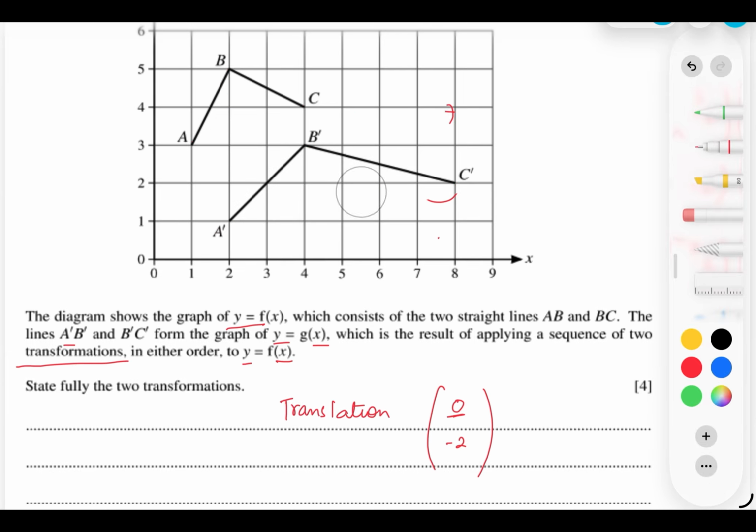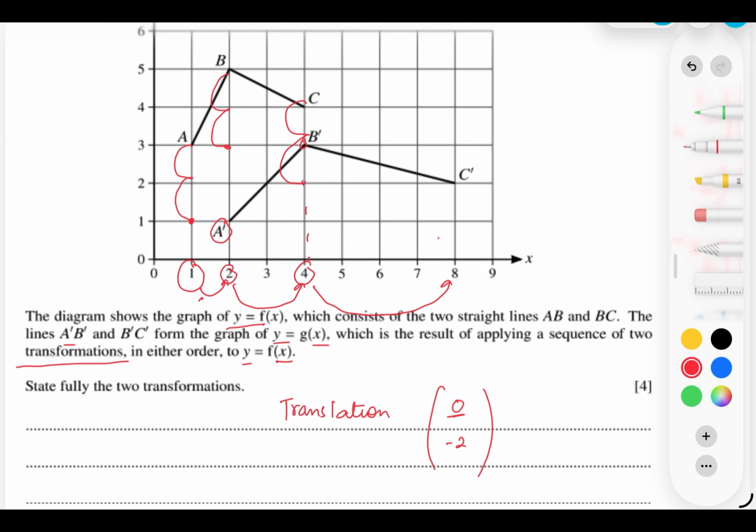See, after -2, the coordinate of A should be 1, but A' is 2. Now you have to look for a pattern. The x coordinate of B should be 2, but now it is 4. See, the coordinate of C should be again 4, but now it is 8.